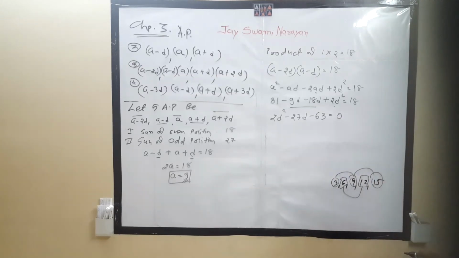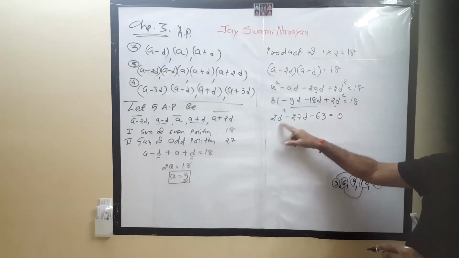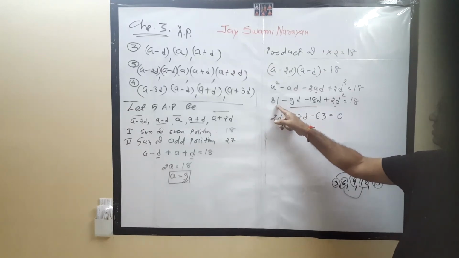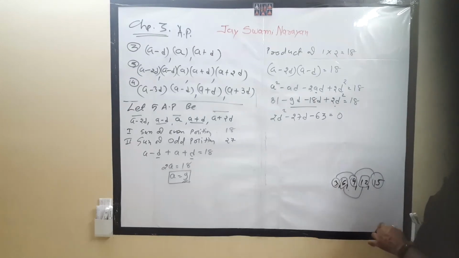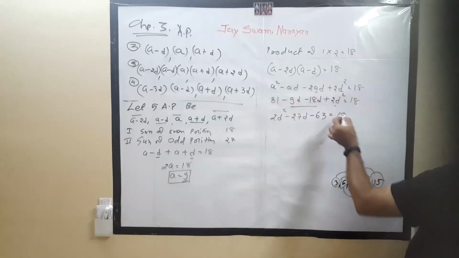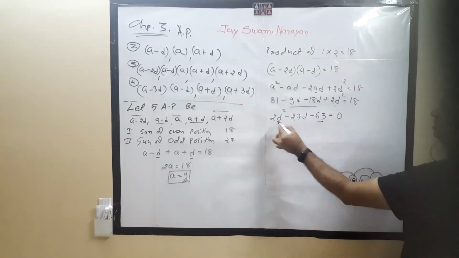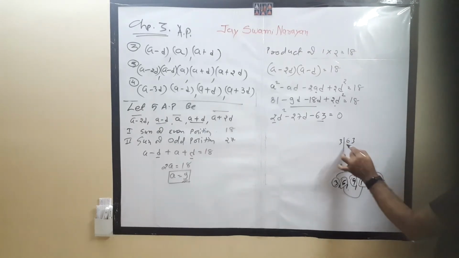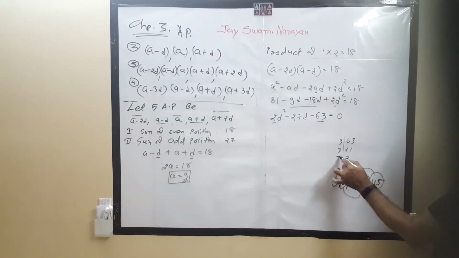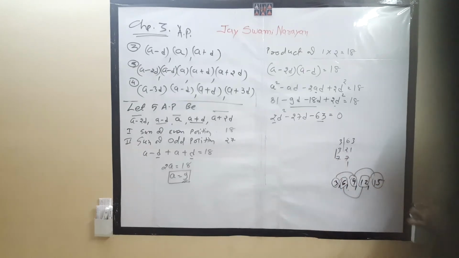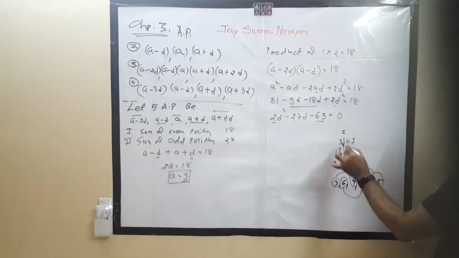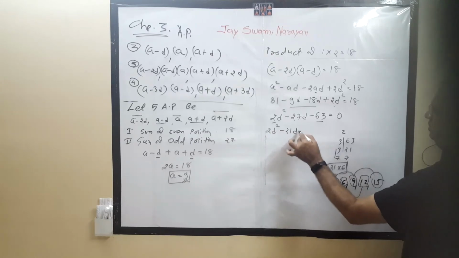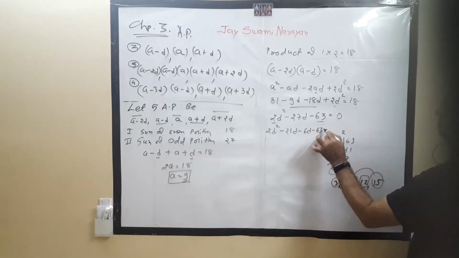Now it is a quadratic equation, right? 2d square minus 27d plus 63 equals 0. Now factor this: 63 is 3 times 3 times 7. So 2d square minus 21d minus 6d plus 63 equals 0.